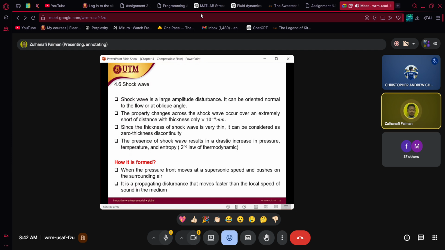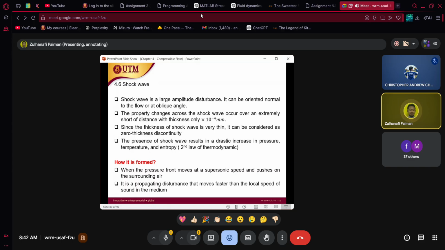This is the definition. The shock wave is a large amplitude disturbance. It can be oriented normal to the flow or at an oblique angle. I think in our syllabus we only cover the normal shock wave, not the oblique shock wave.